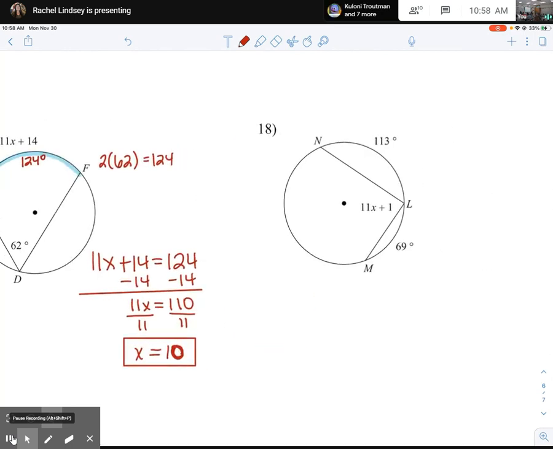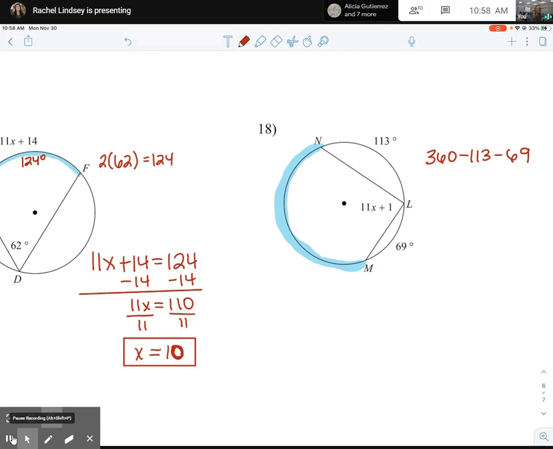Okay. Number 18, first you've got to find arc LM. Got to find this arc first. So I'm going to do 360 minus what? 113 and 69.